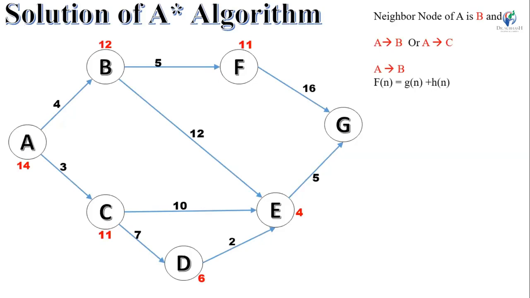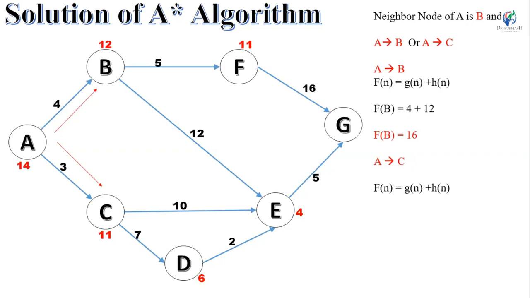First, we select the A to B path. The actual cost to reach B from A is 4 and the heuristic value of B is 12. Putting these values in the equation, the cost of B is 16. Now we find the A to C path cost. The actual cost to reach C from A is 3 and the heuristic value of C is 11.